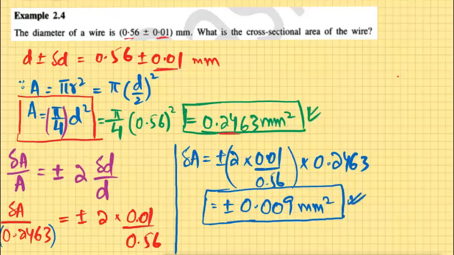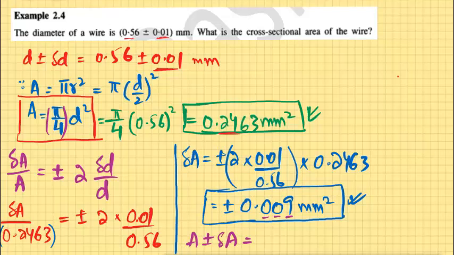Now how am I going to finally represent the answer? I am going to represent my answer as area plus minus the uncertainty in area. Now remember, I have my error in 3 decimal places after rounding it off to one significant figure, which is 0.009.